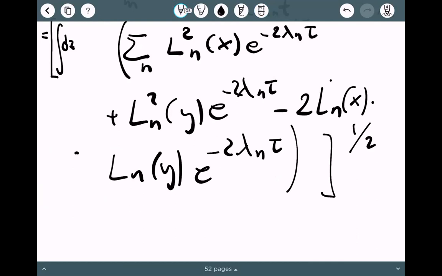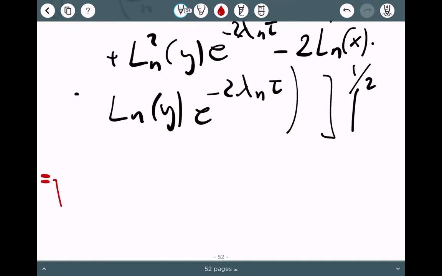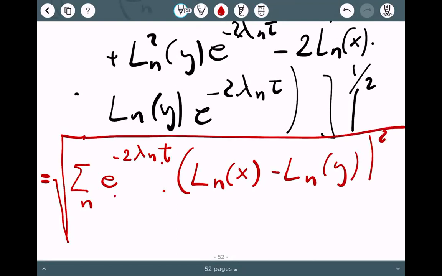But now this expression can be rewritten in the following very, very illuminative, enlightening way. So if I call L tilde the left eigenstates multiplied by their exponential factor, I can absorb them into it.